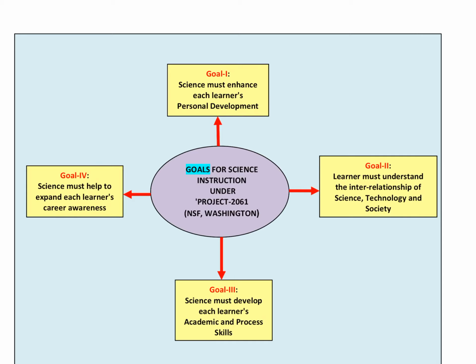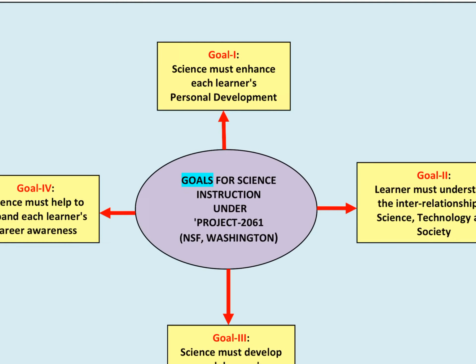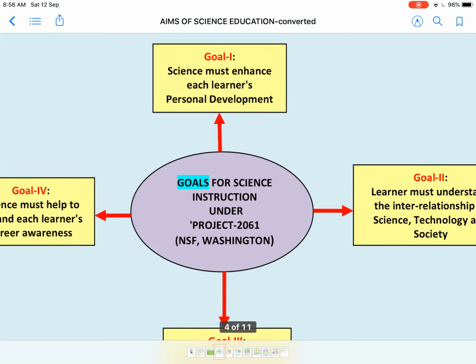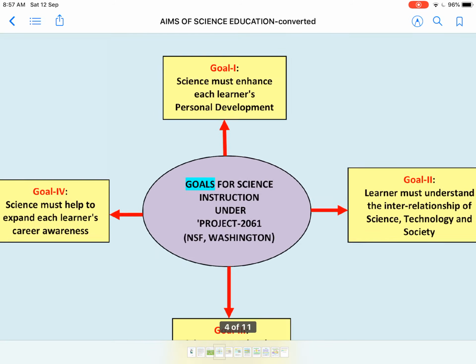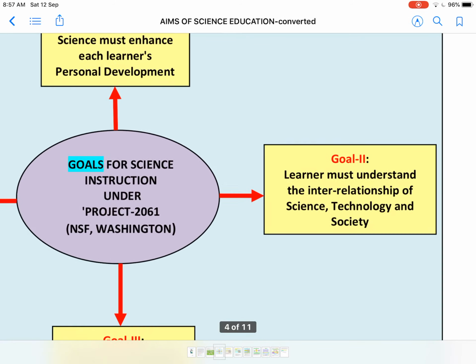So these goals for science instruction under Project 2061, NSF Washington has given in 4 ways. The first goal is that science must enhance each learner's personal development. Each learner, every individual, has to have their personal development enhanced by learning science.